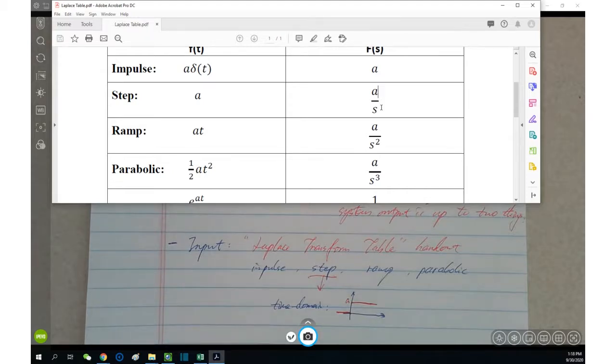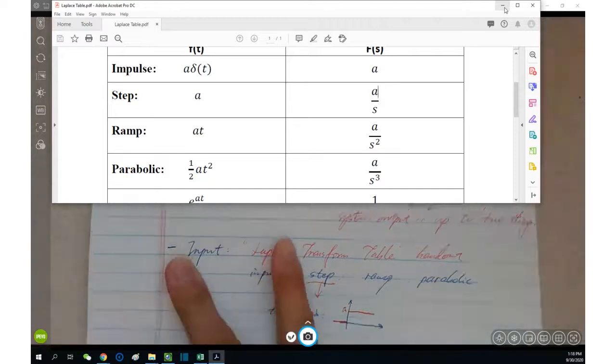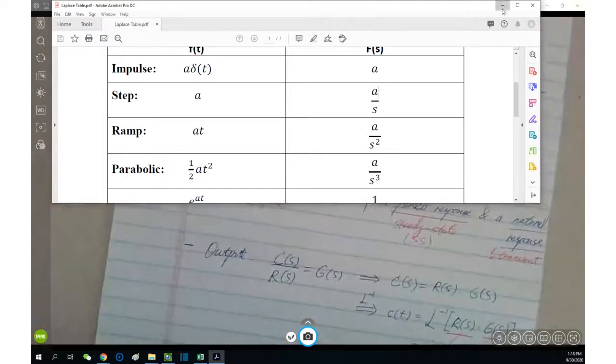However, keep in mind that we also have three other options: impulse, ramp, or parabolic. All of them do matter. From this table, you can find the time domain expression as well as the corresponding S domain expression. This is the input signal, based on which we're going to study the output. Any questions so far?